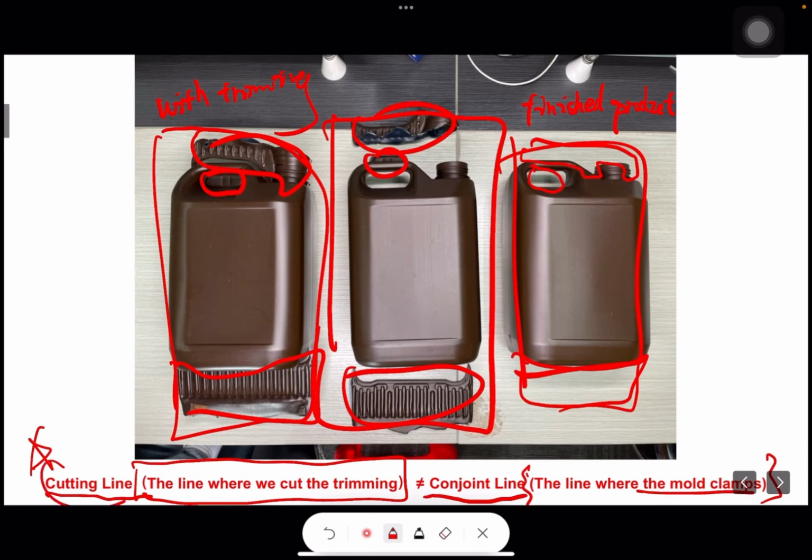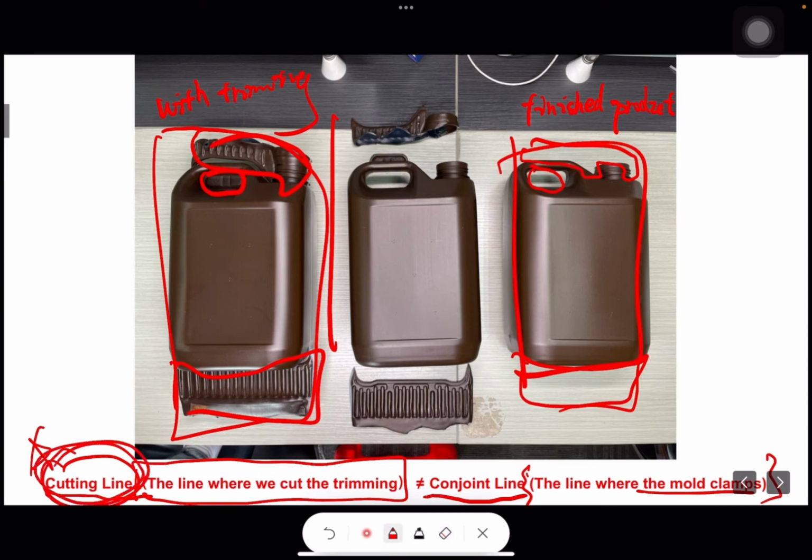And where is the cutting line? Let's clean this first. The cutting line here is, this trimming is upside down. Here is the cutting line. And here. And here. Can you imagine it?